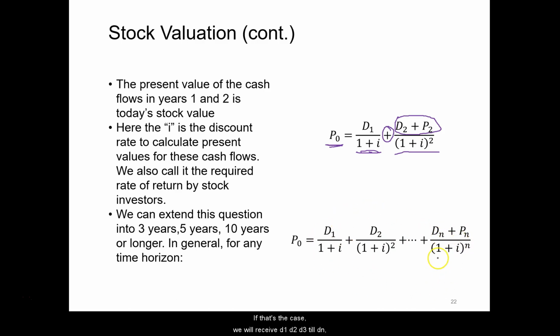And if that's the case, we will receive D1, D2, D3 till Dn, all these dividends at different times. So we will discount all these one by one, calculate the present value. And the last year is a little bit different because you will have the last dividend payment and the sale price. So again, this is a process of figuring out a total present value.